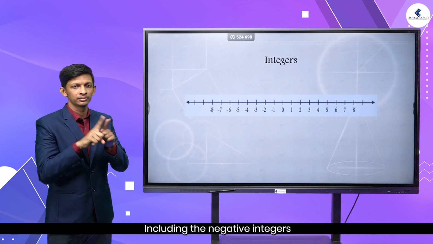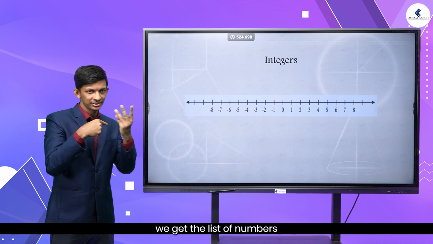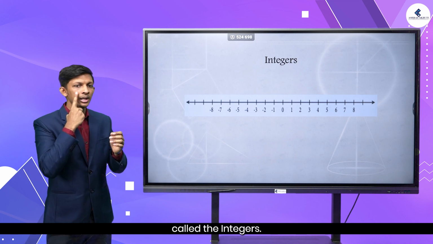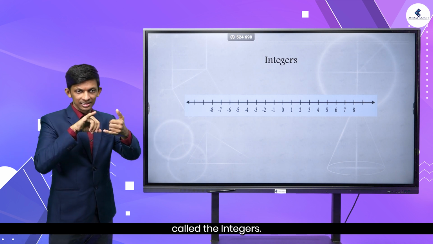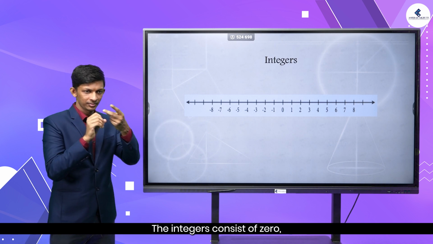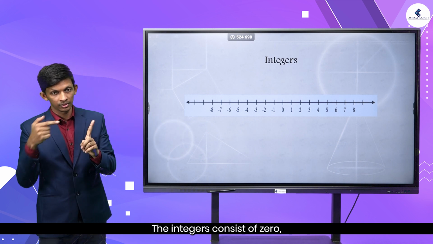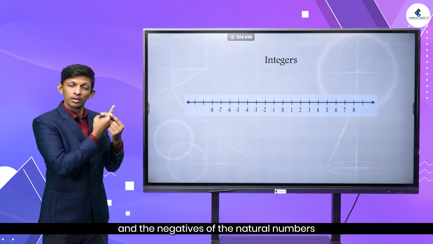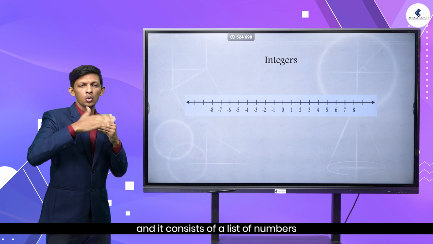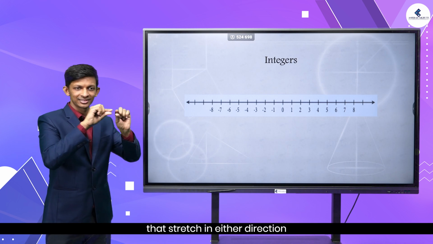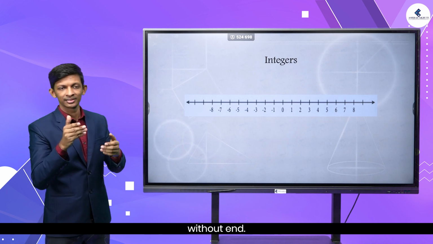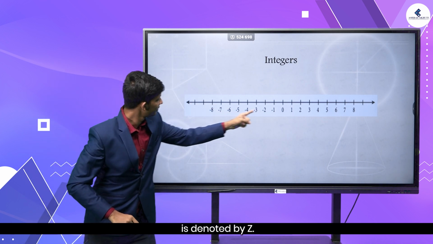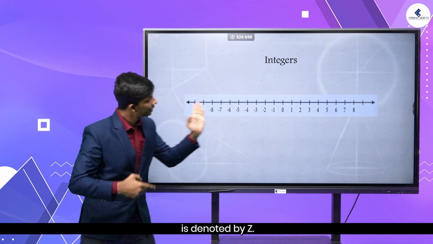Including the negative integers with the whole numbers, we get the list of numbers called the integers. The integers consist of 0, the natural numbers, and the negatives of the natural numbers, and it consists of a list of numbers that stretch in either direction without end. The entire collection of integers is denoted by Z.